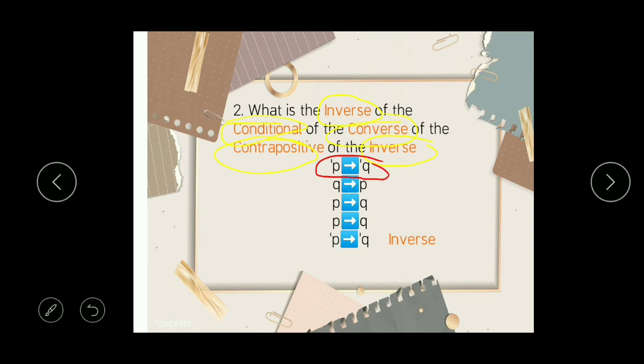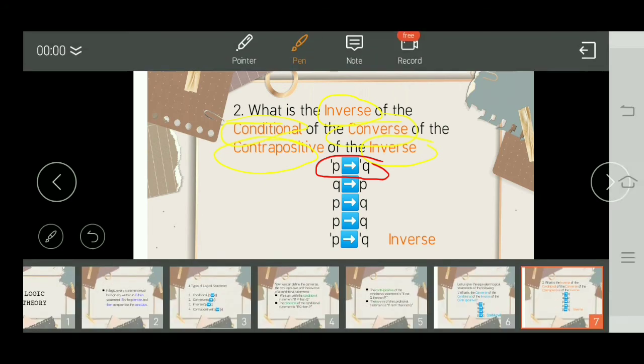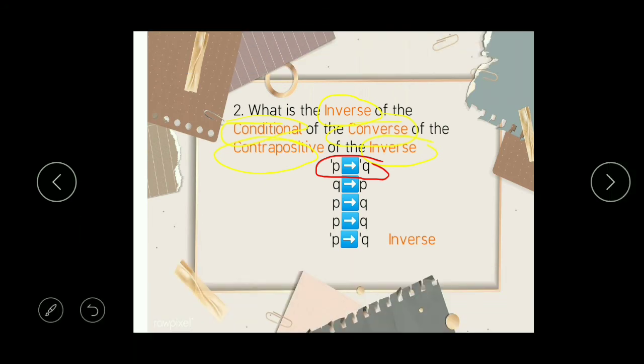Next, we make it the contrapositive, since the contrapositive is next to the inverse. How do we make the statement into a contrapositive? We put a negation and exchange the statement.